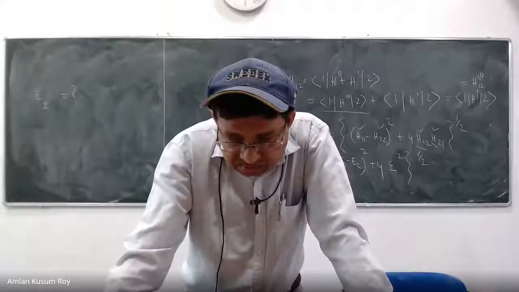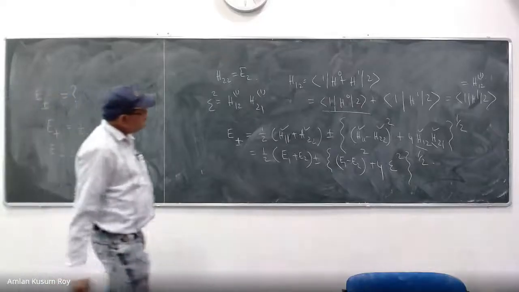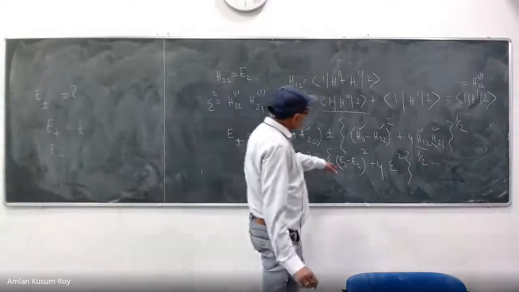Yes, so E plus will be 3 by 2 E1. Really? And what about E minus? There will be both the terms: 3 by 2 E1 minus half E2, and E minus will be minus half E1 plus 3 by 2 E2. But how are you working? This is a square, right?